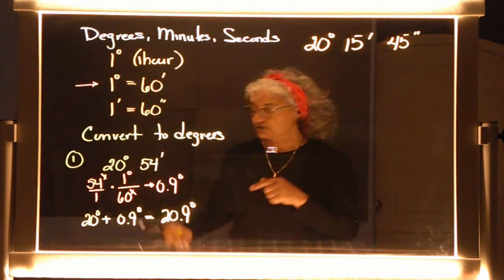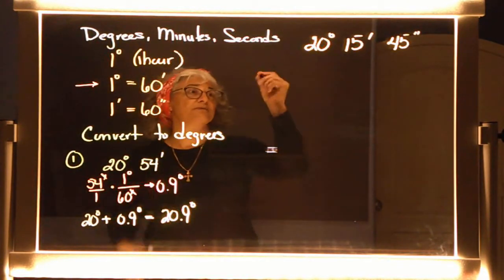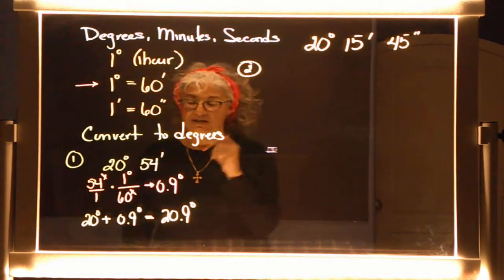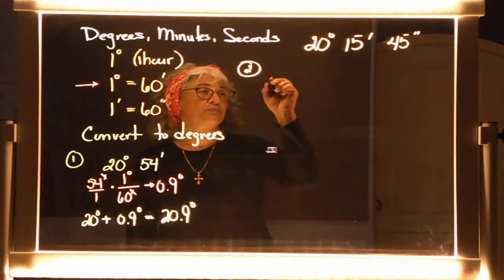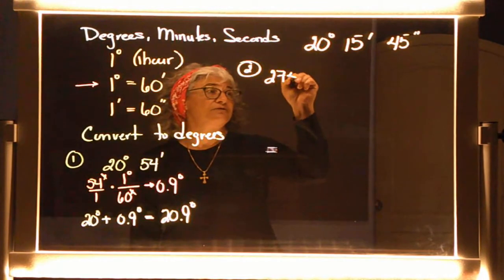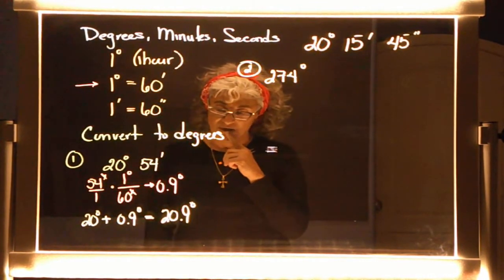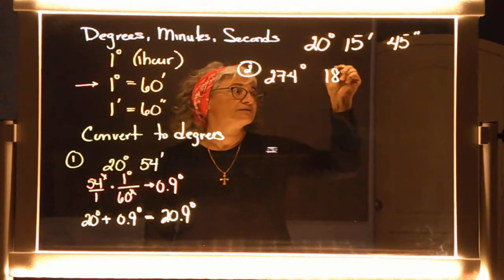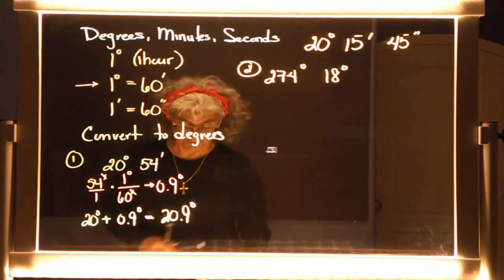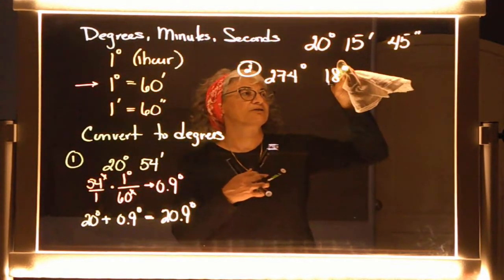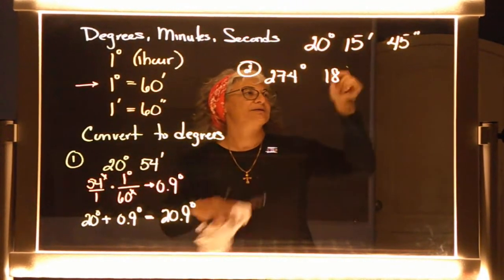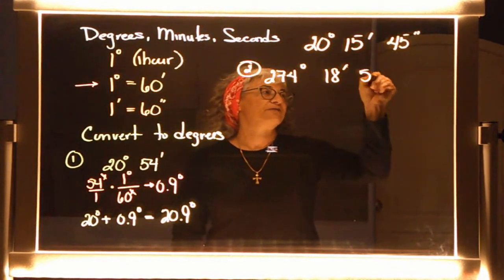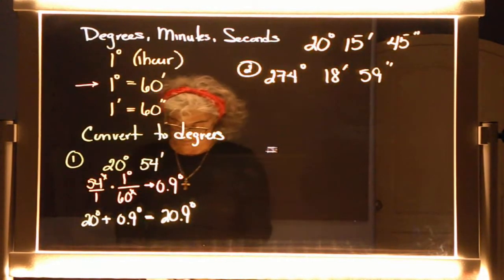All right, let's go with a second one. Let's see. We have 274 degrees. We have 18 minutes. Whoops. Might help if I put the minute mark there, agreed. And we have 59 seconds.